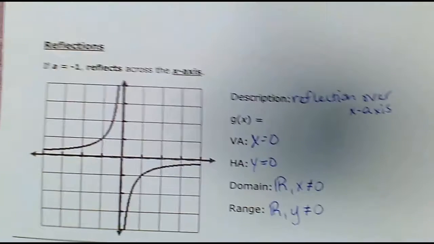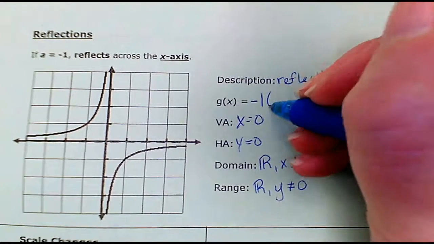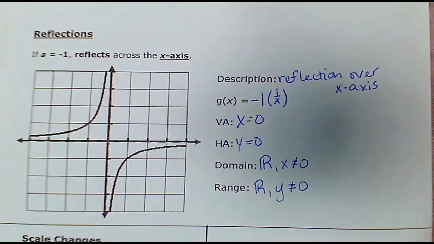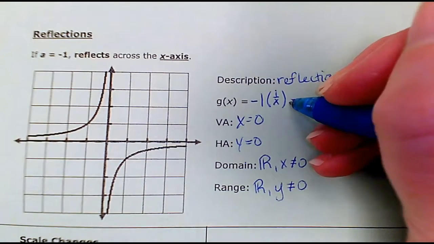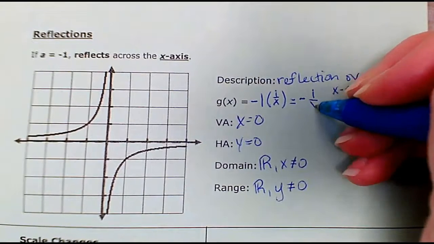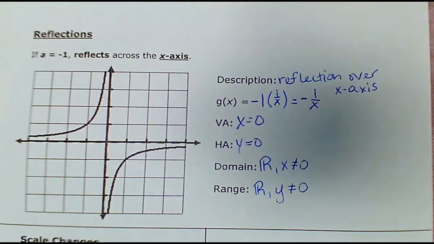So how do I write my new transformed function? -1 parentheses 1 over x. Is there a different way that you might be able to see this? Just -1 over x. Both of those ways could be something that you see, yes. And that's the only thing that's different from the parent function, because the only change that happened is the reflection.